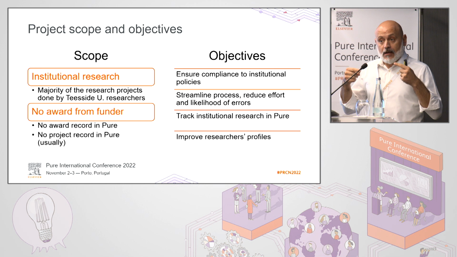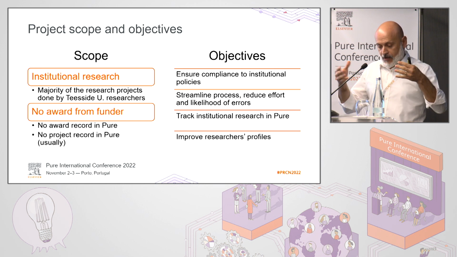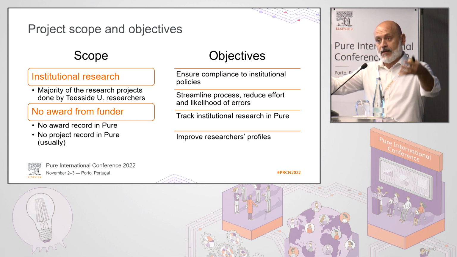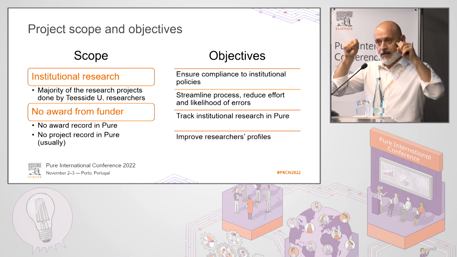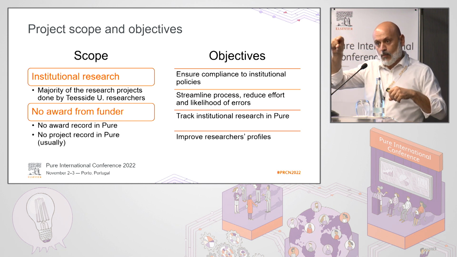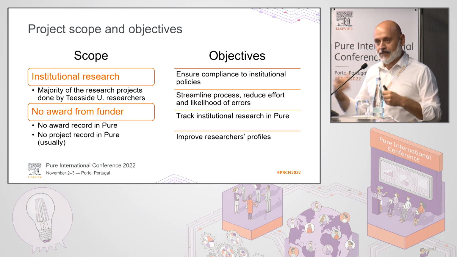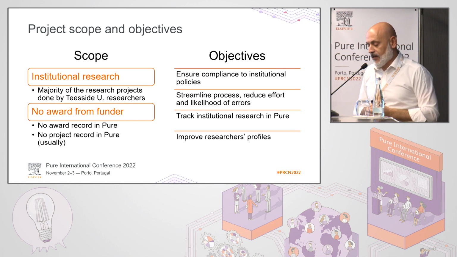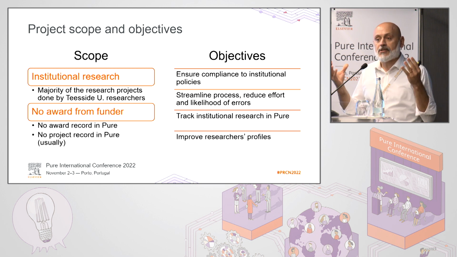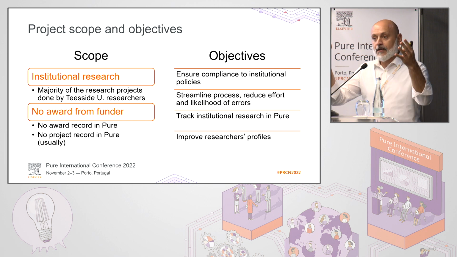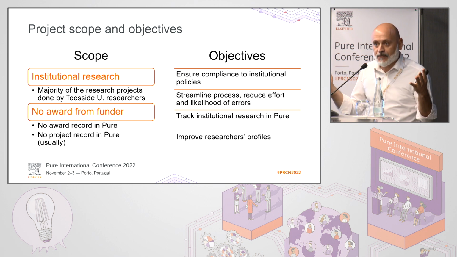And because they usually create projects in the research office once the grant is awarded, they create the project off of the award. It's a one-click button, so it's very simple, as you've seen in Anesh's slides before. In this case, there is no project record in Pure either. So this is research that, from the point of view of research managers, is pretty much invisible.